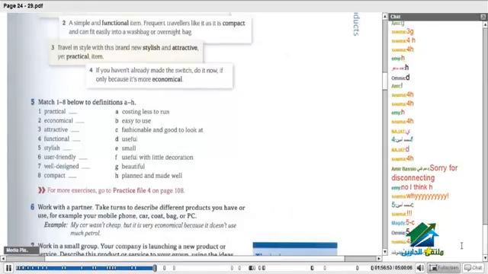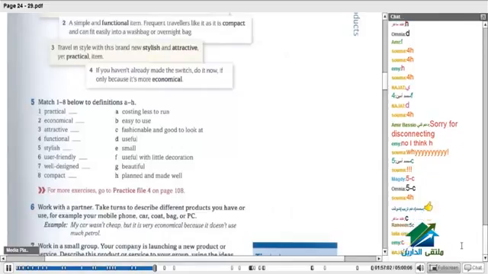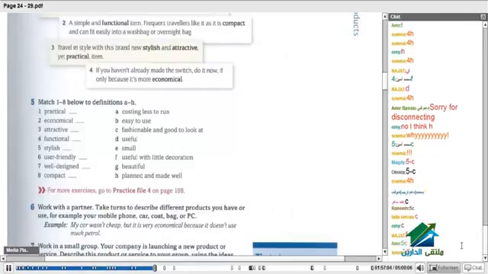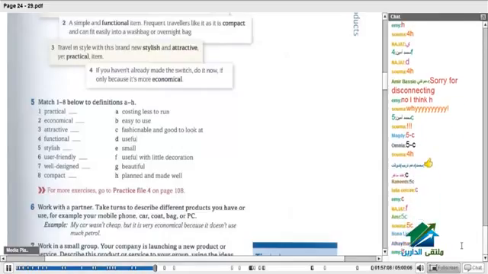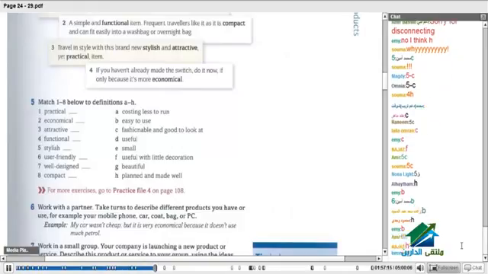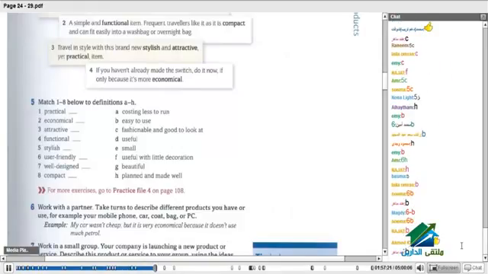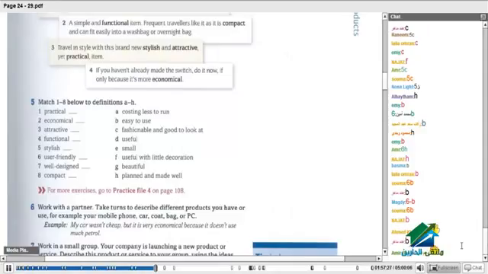Okay, number 5, stylish, fashionable and good to look at. Number 6 is what? B. 6 is user-friendly, easy to use. Mr. Ahmed Khalil, you are right. Here is the difference.